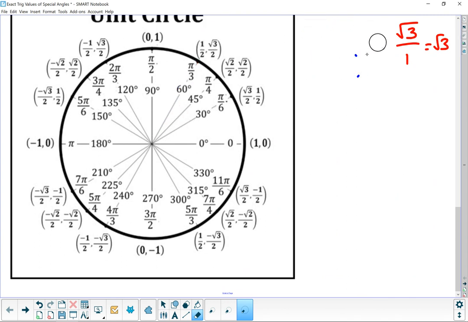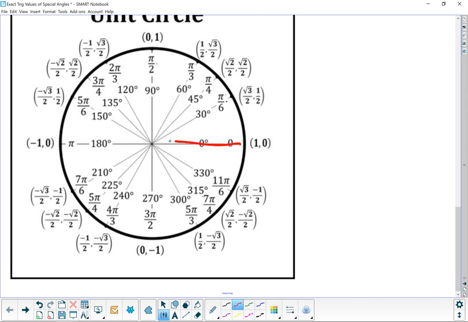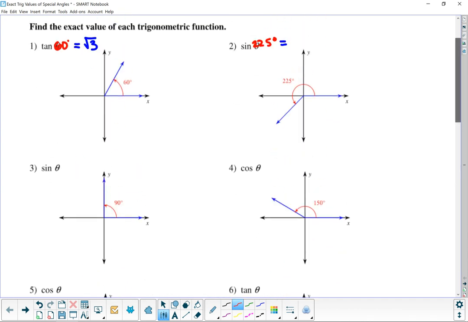It's in degrees, so it's a lot easier than the radian. 225 degrees is starting here, and it's going to go all the way down to here. Sine is just the y value. So sine of 225 degrees is just the y value right there on that coordinate. So it's negative radical 2 over 2.